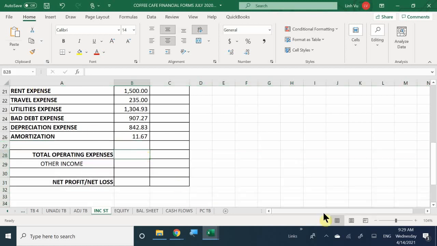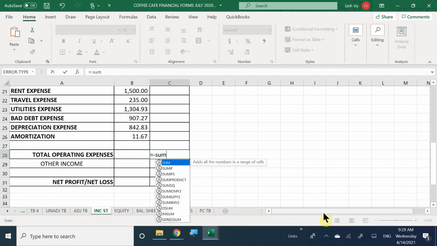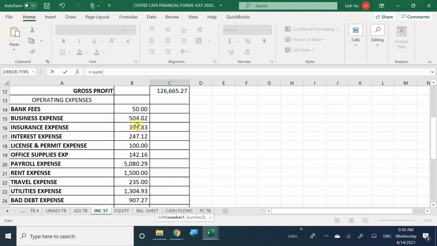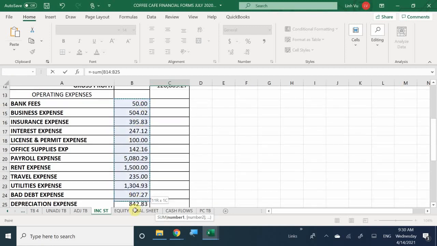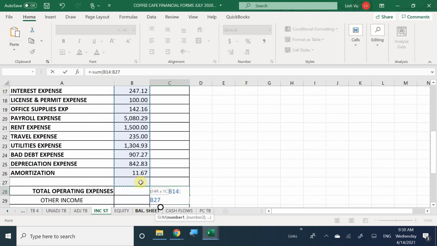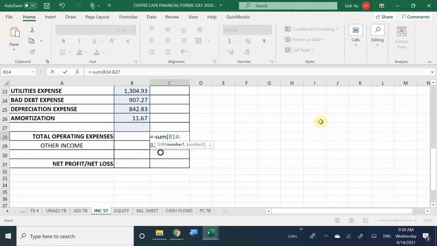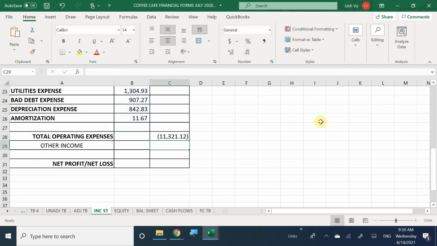Okay, so what is going to be my total operating expenses? 11,321.12. Good.